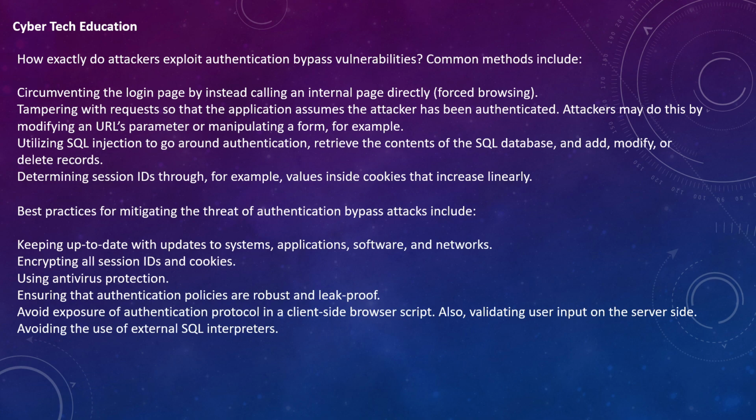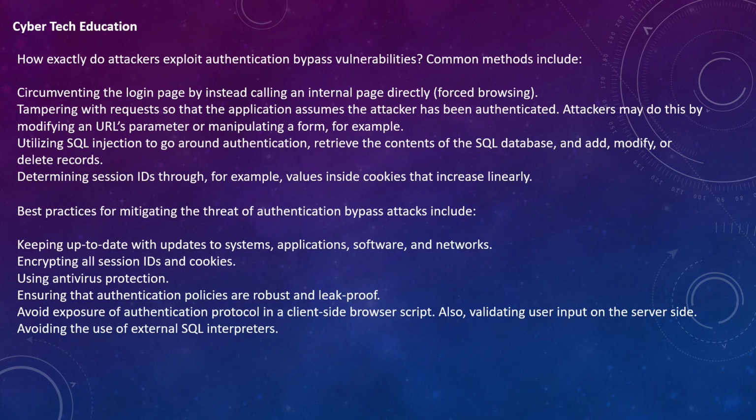Attackers may also modify URL parameters or manipulate a form, for example utilizing SQL injection to go around the authentication, retrieve the content of the SQL database, and add, modify, or delete records. Another method is determining the session ID, for example through a cookie value that increases linearly.